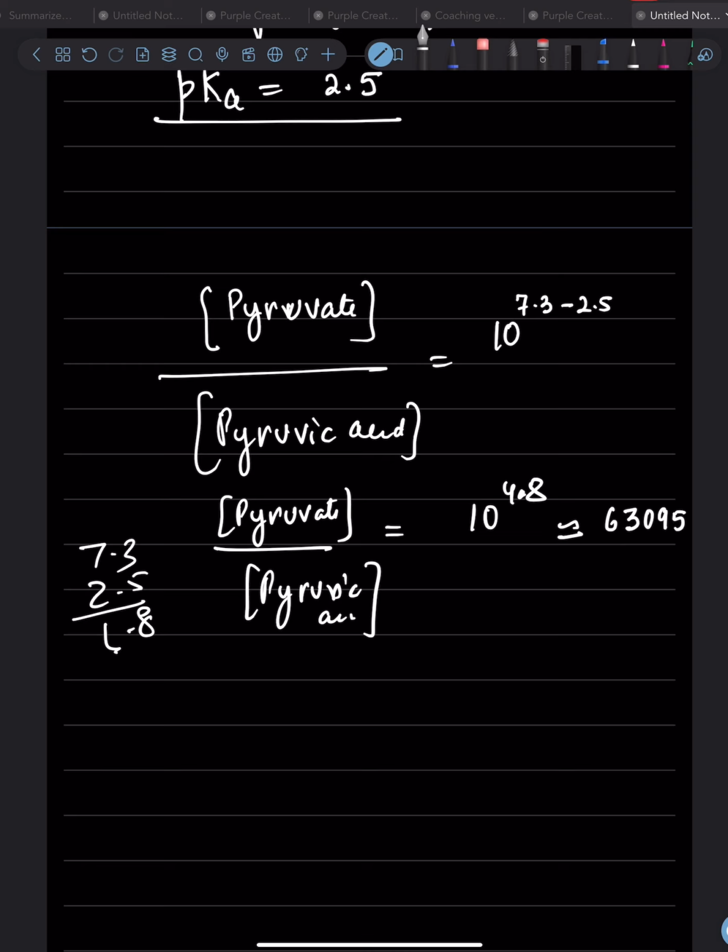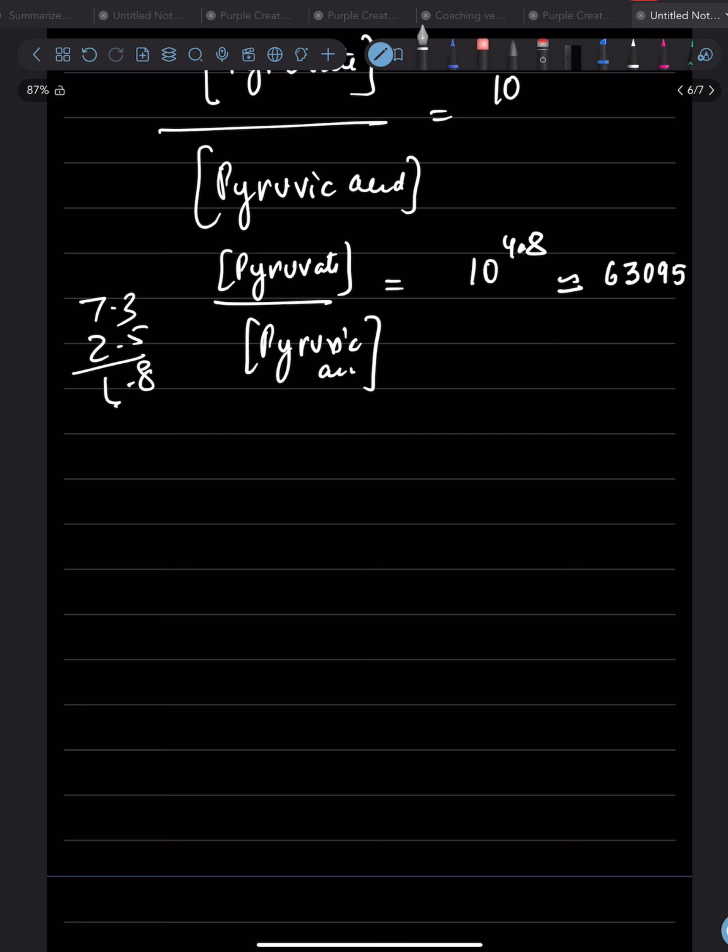What does this mean? It means that for one molecule of pyruvic acid, there are about 63,000 molecules which exist as pyruvate, which means that most of the pyruvic acid molecules exist in the form of pyruvate at physiological pH. I hope this clarifies the whole thing.